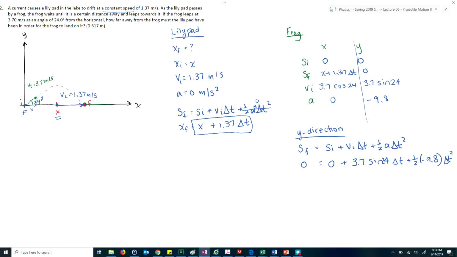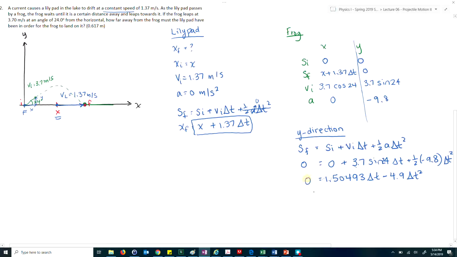So 3.7 sine of 24 is 1.504. I'm going to keep some extra digits. 9.3 delta t minus, so 1/2 times negative 9.8 is negative 4.9 delta t squared.